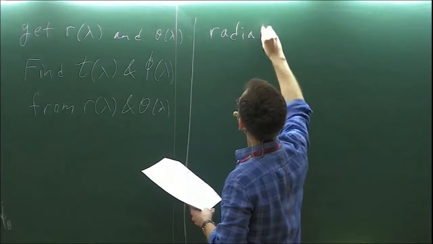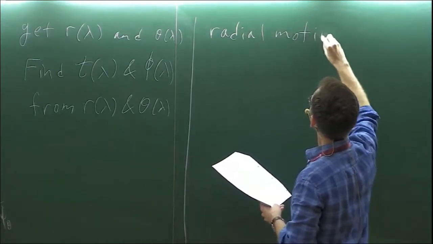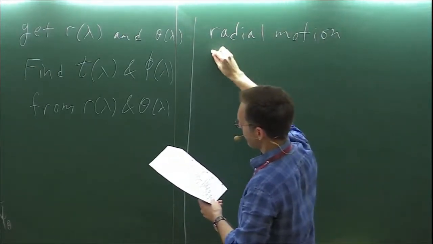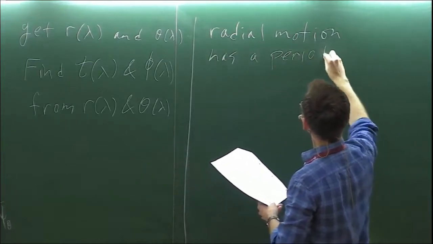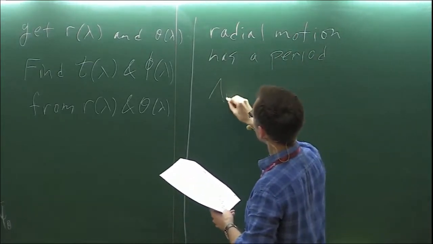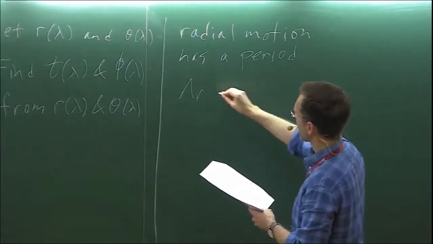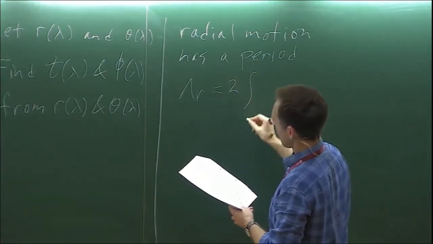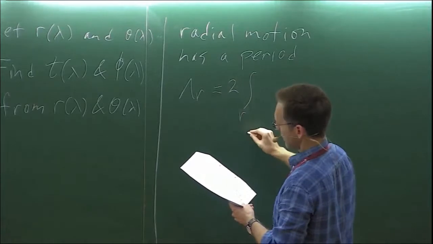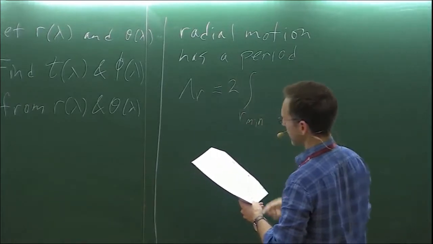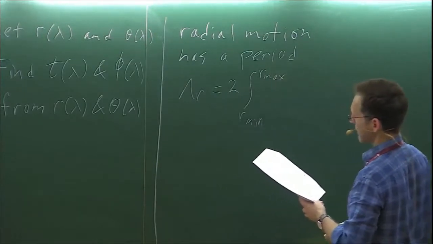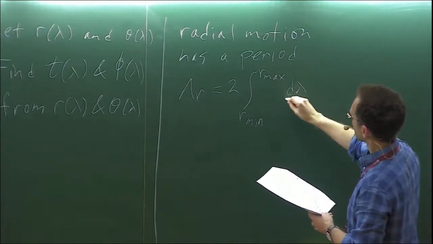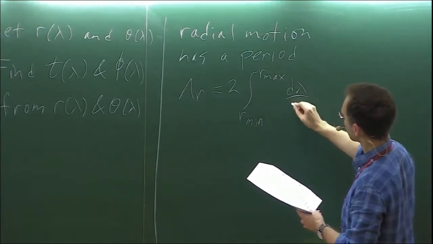So the radial motion has a period which is written as lambda r, and it's just the amount of time in lambda that passes over one complete cycle of the radial motion.